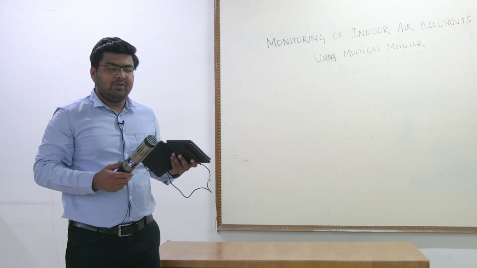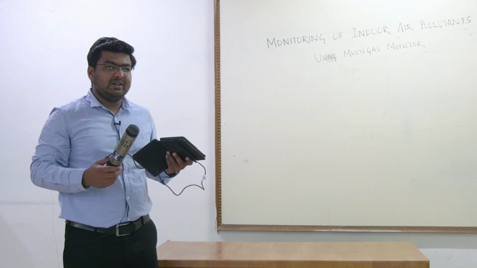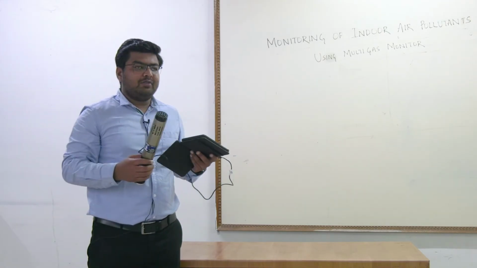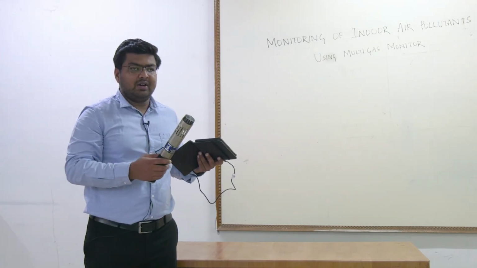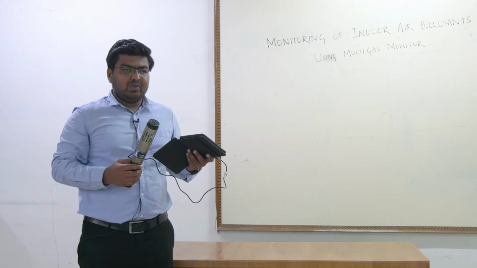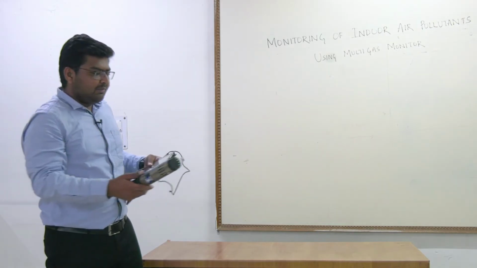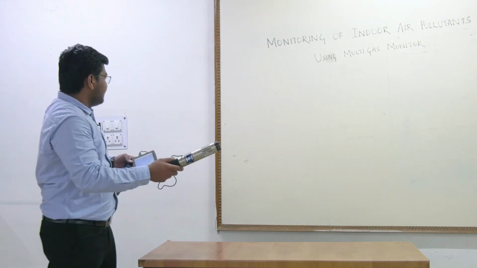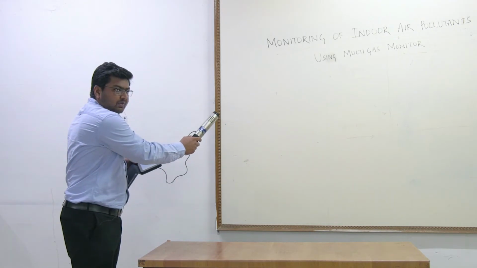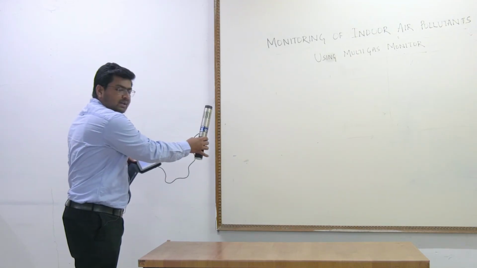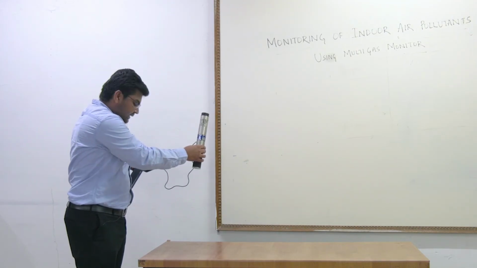In a particular indoor environment, we can measure the gases, for example, at the ventilation corner or at the corner of the room, office or lab. For example, I need to measure here, so we simply place the probe here, and it will stabilize, and we will get the readings.